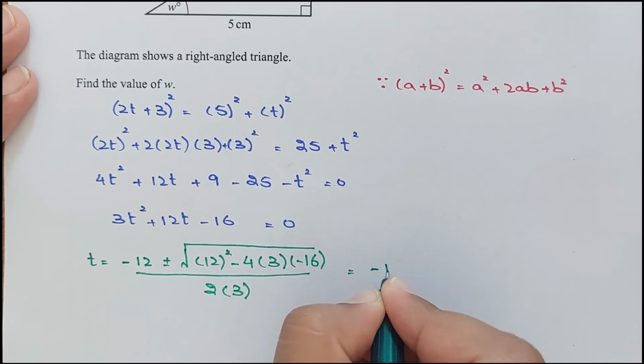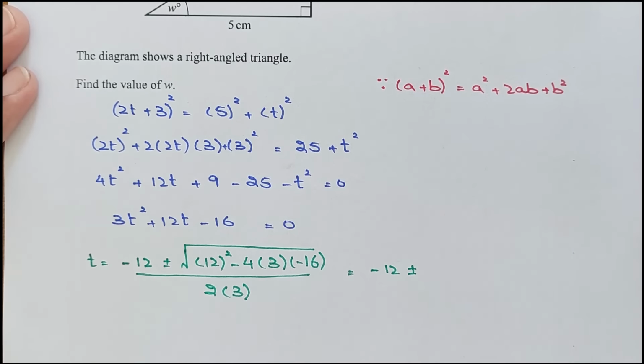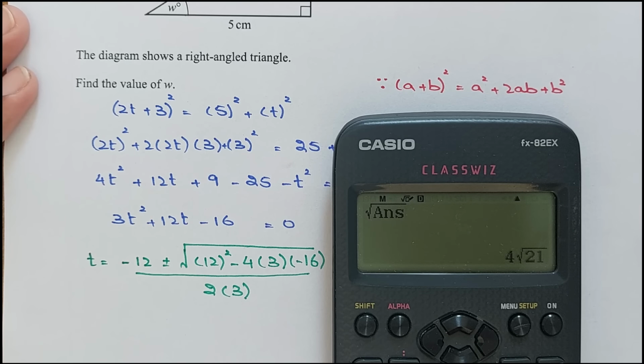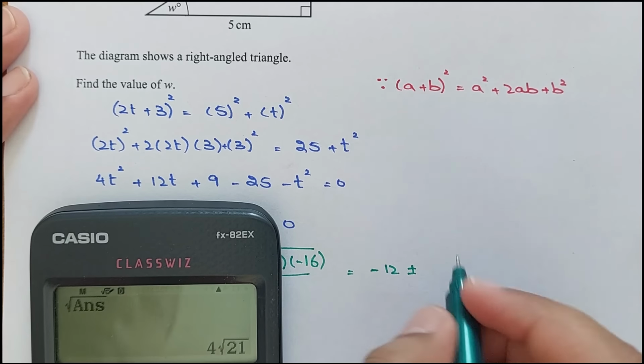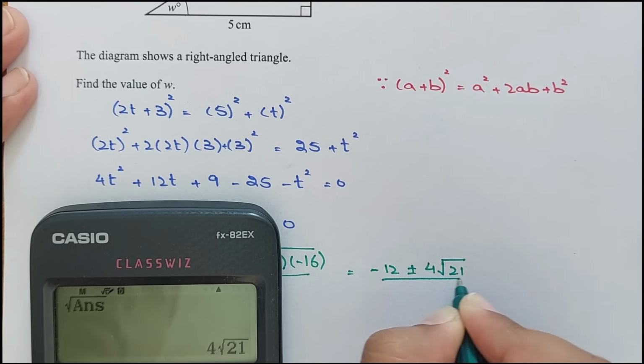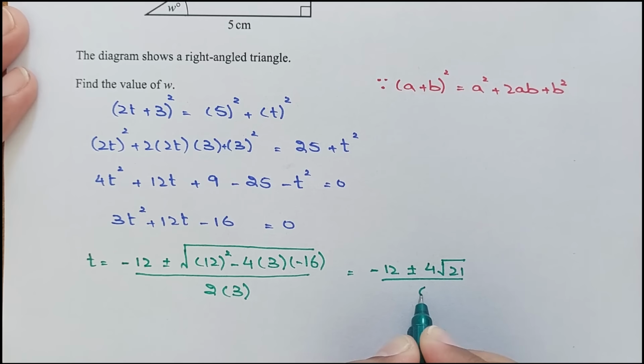So that is negative of 12 plus minus, negative times negative is positive, 4 times 3 times 16, and add 12 square, and the square root of the answer is 4 square root of 21. This is divided by 2 times of 3 is 6.